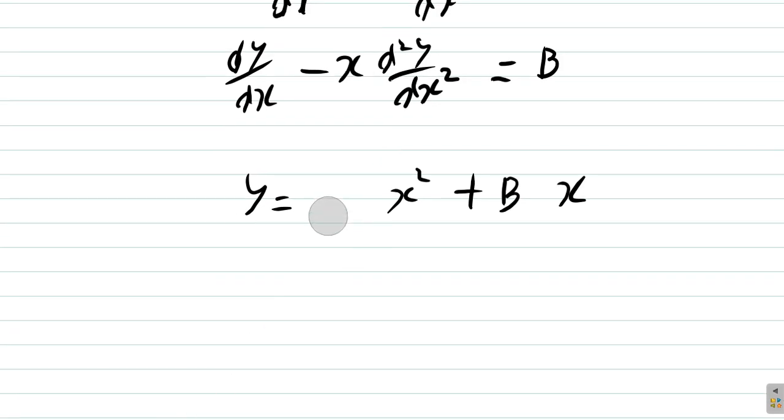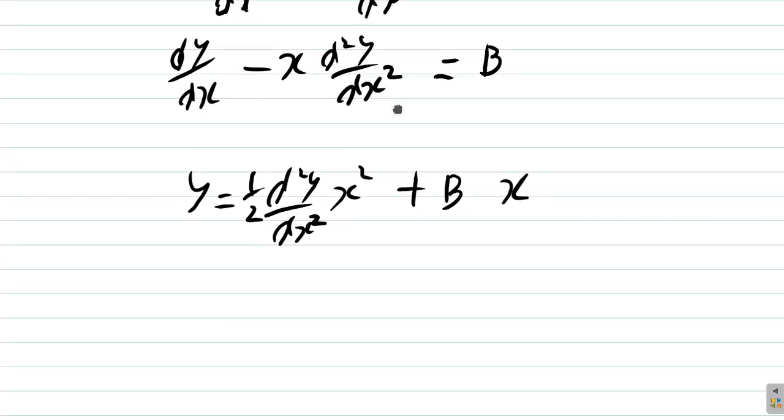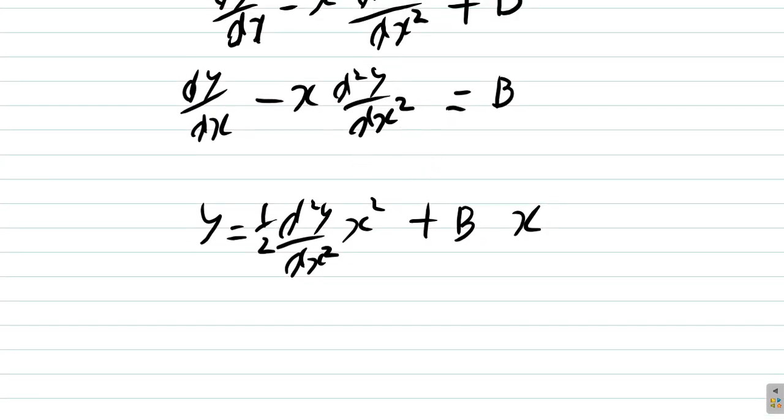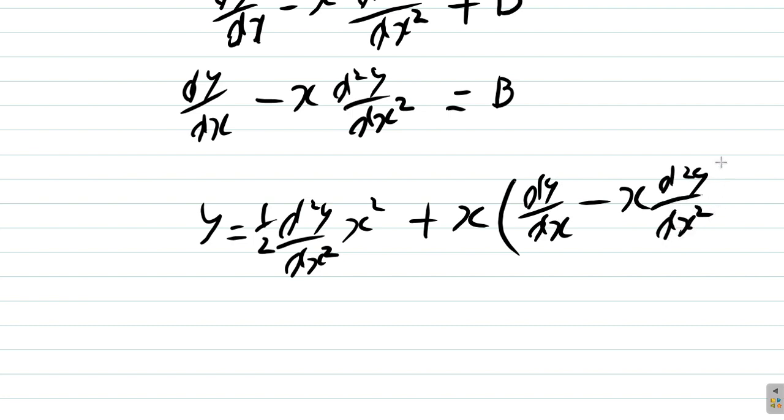So this is half d squared y by dx squared plus b now. What is b? We have it here. So let us put b out here and the x on the left. Let's put the x here and then open my bracket and put our b: dy by dx minus x d squared y by dx squared. Alright, so that is our a and our b.